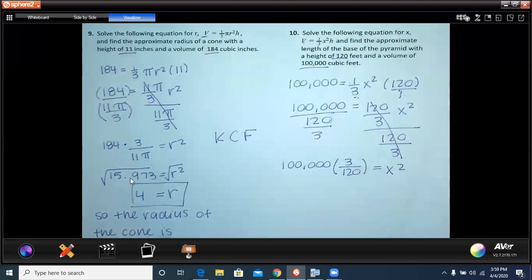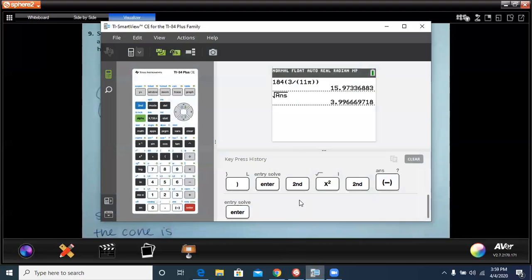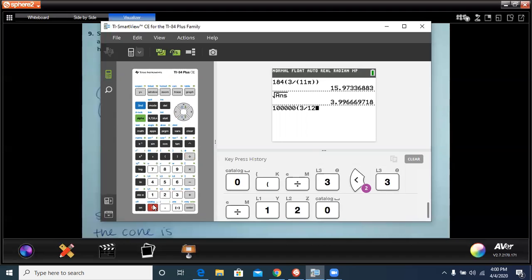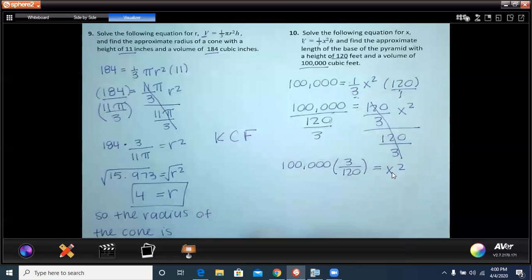So again, you might want to go back to your calculator. So we would have 100,000 times 3 divided by 120, which gives us 2,500.